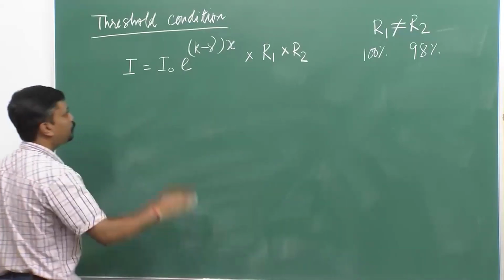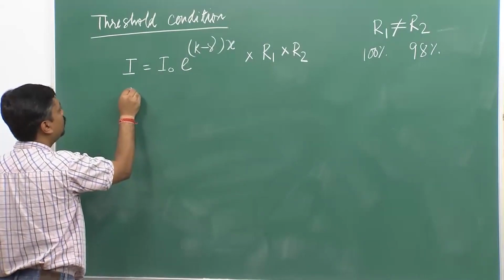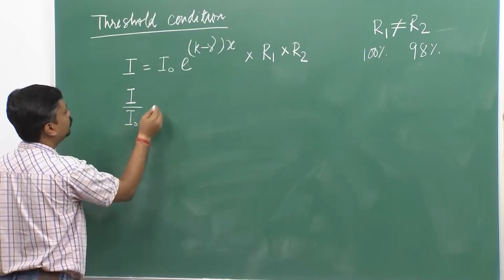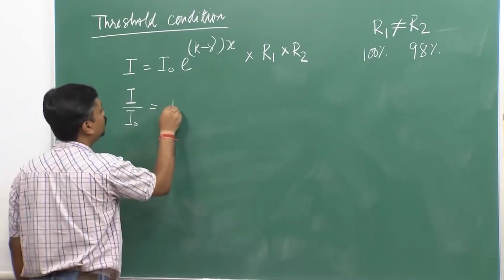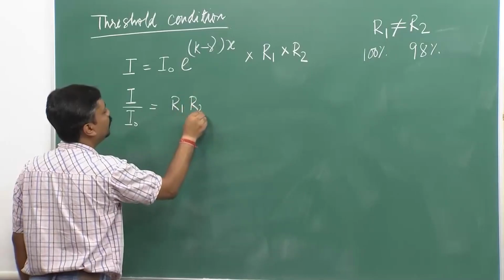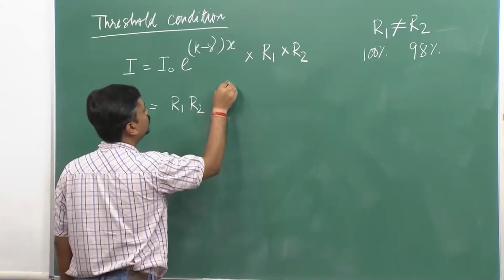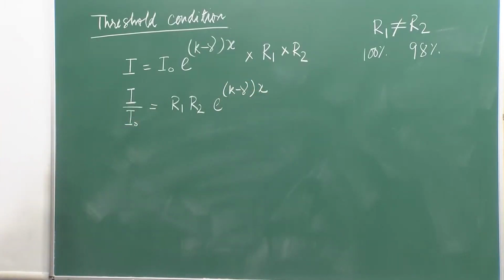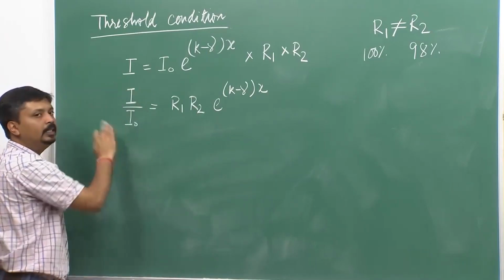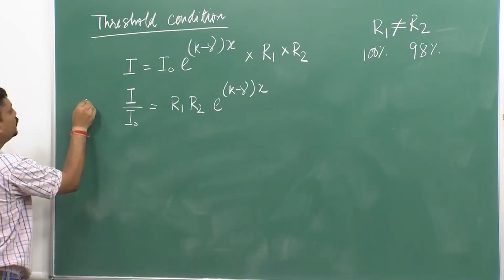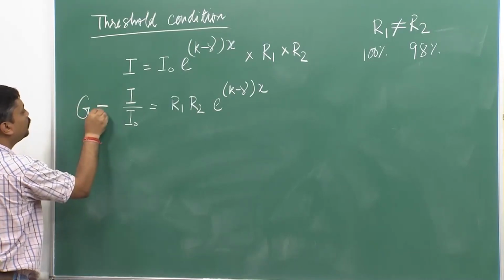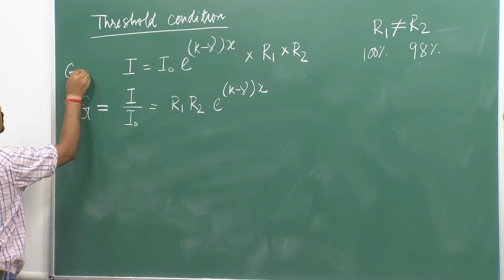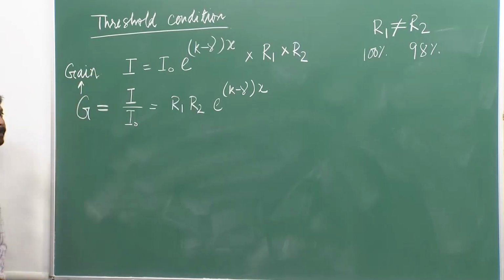So, if I now rewrite this as I by I0 equals R1 R2 into exponential (k minus gamma)x, this term I by I0 is known as gain, where G is my gain.